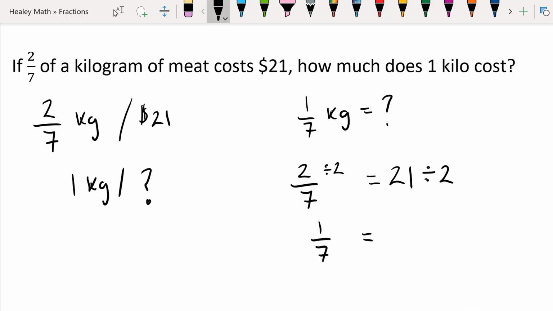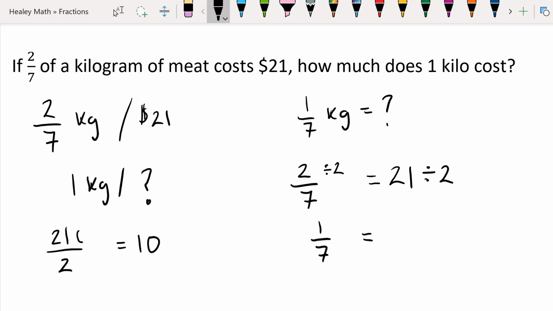And 21 divided by 2, well, what is half of 21? We know half of 20 is 10. Let's just check this out. 21 divided by 2. 2 goes into 2 one time with 0 remaining. 2 goes into 1 0 times.